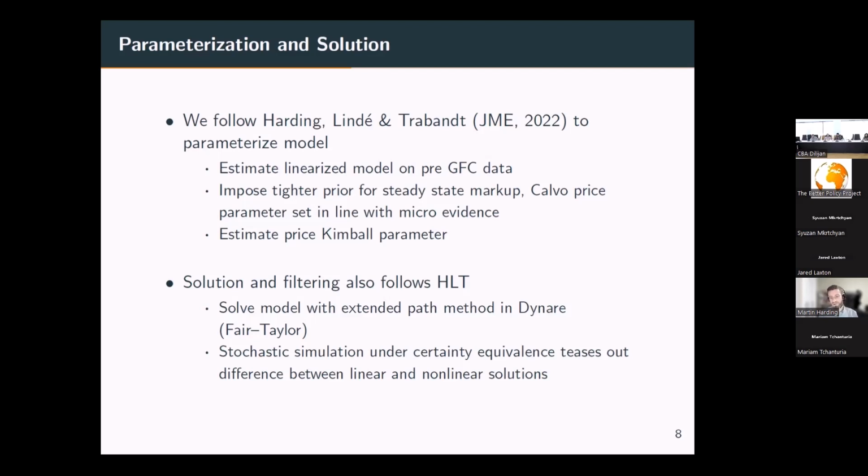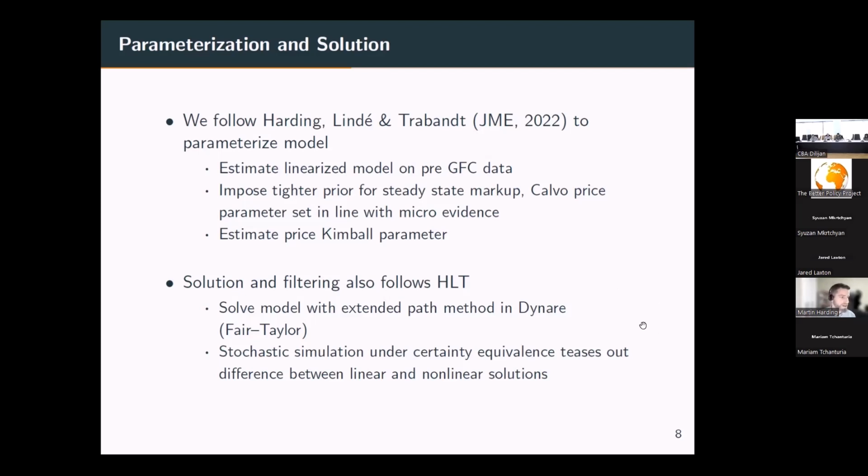This is very nice because, of course, certainty equivalence is imposed in the linearized model by construction. So what this solution approach gives us is precisely the difference between the nonlinearity of the first order conditions in the nonlinear model and the linearized model, getting rid of all the effects that come from uncertainty. So that's going to be the way we solve the model.